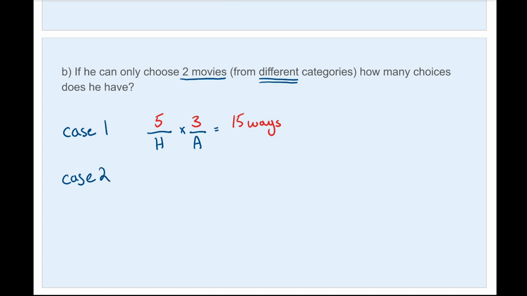In the second scenario, I'm picking horror again, and I'm picking a comedy. Still 2 different scenarios. 5 horror, 4 comedy. So in this case, there are 20 ways I can select a horror and a comedy.